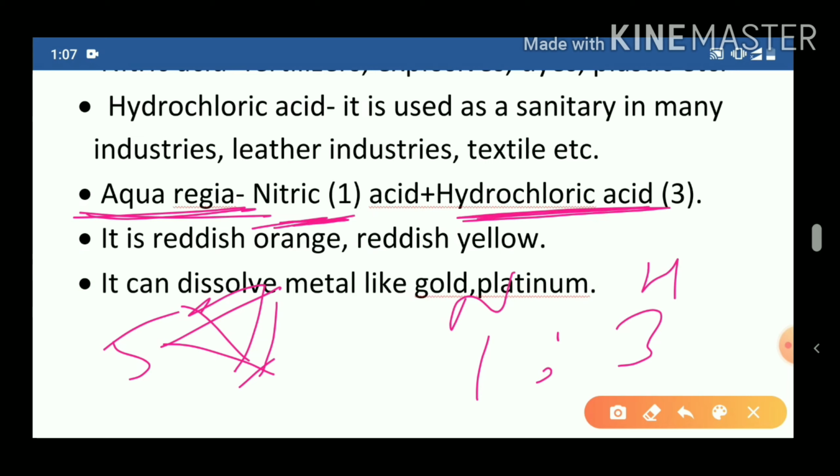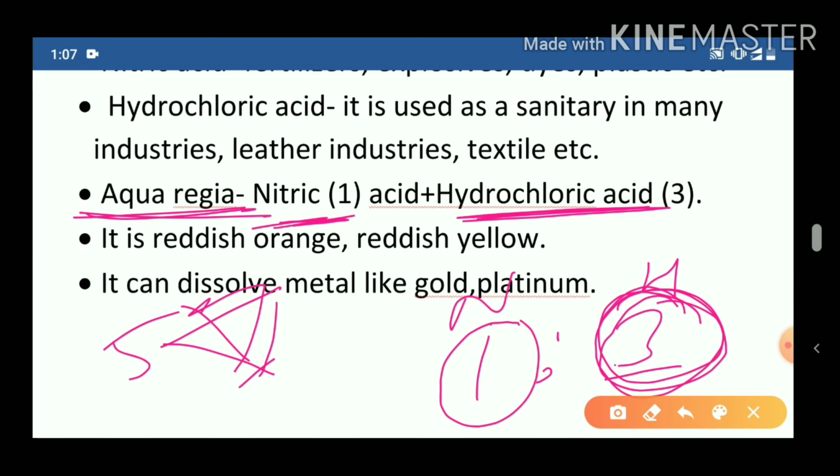Now see, in the alphabet, what comes first? H comes first or N comes first? H comes first. So we will take 3 parts. The one which comes first in the alphabet has more parts. So hydrochloric acid comes first, 3 parts of hydrochloric, and nitric acid comes after, so 1 part of this. So the HNO3 to HCl ratio is 1:3.